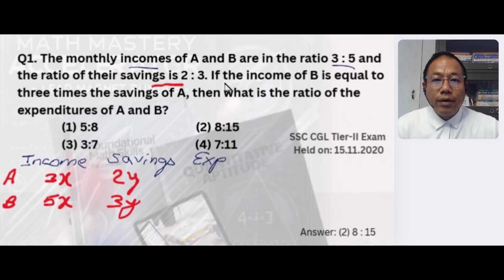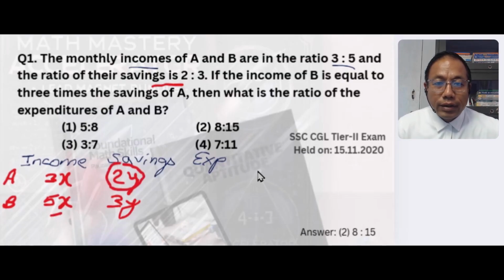What we have here: income of B is equal to 3 times savings of A. Income of B is 5x, equal to 3 times savings of A. Savings of A is 2y.